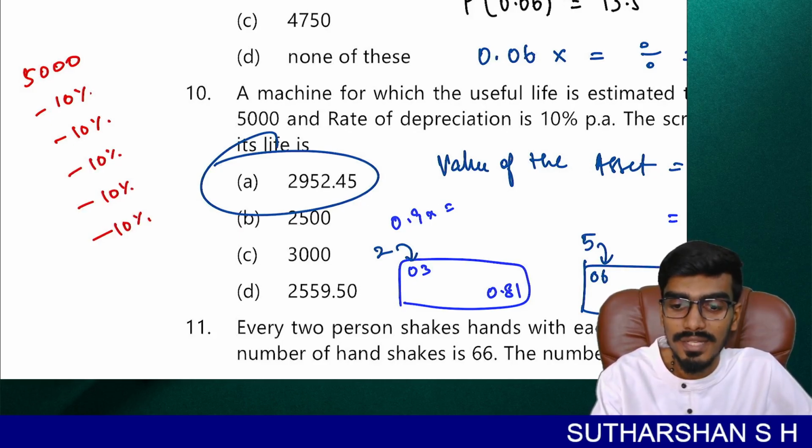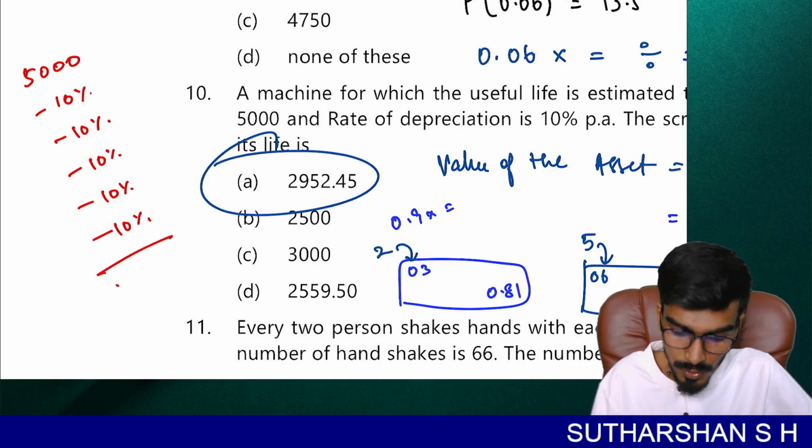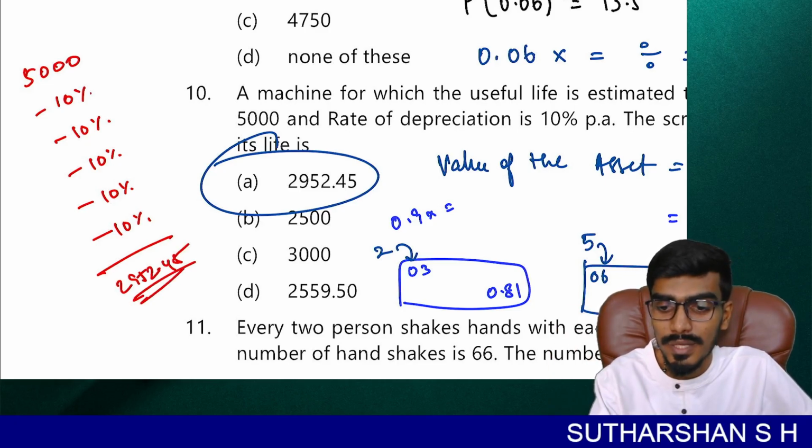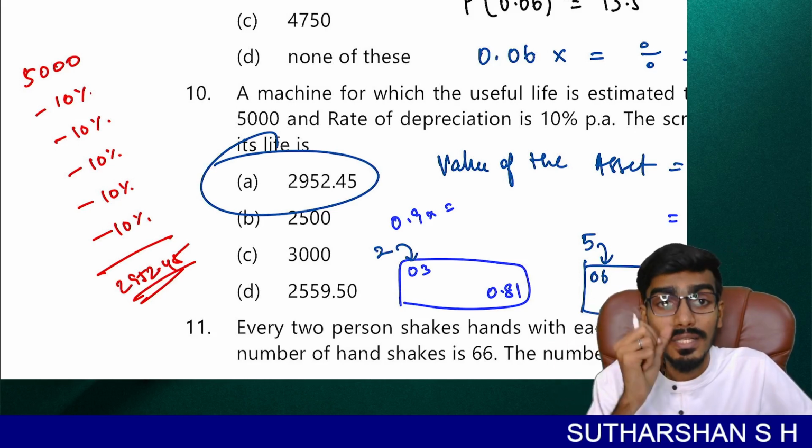You will get 2952.45, within a matter of 7 seconds. Again, 5,000 minus 10% five times. In less than 7 to 10 seconds you will get an answer.